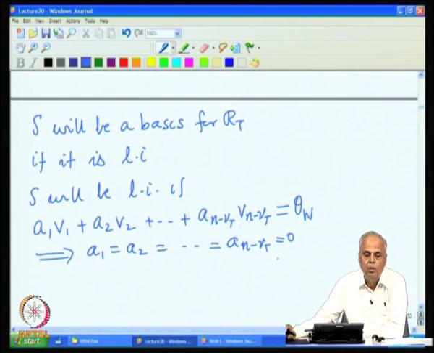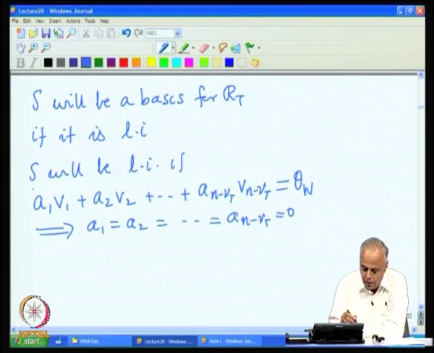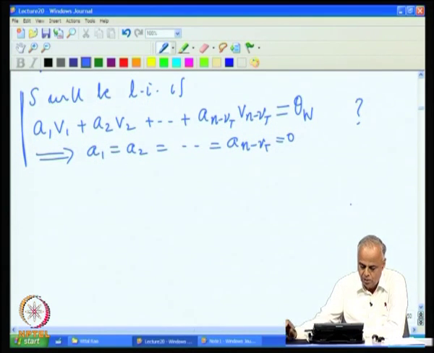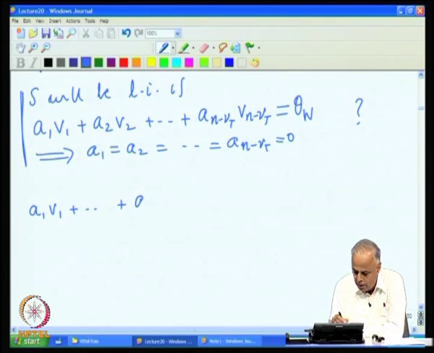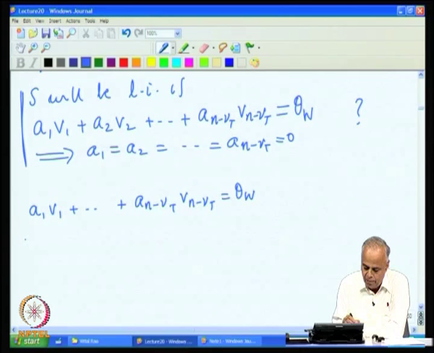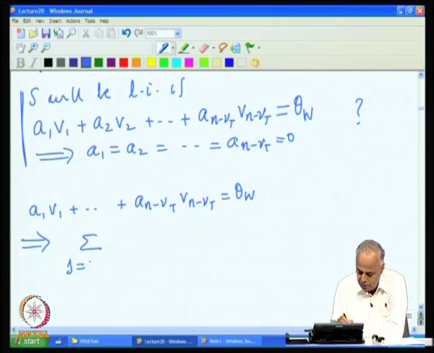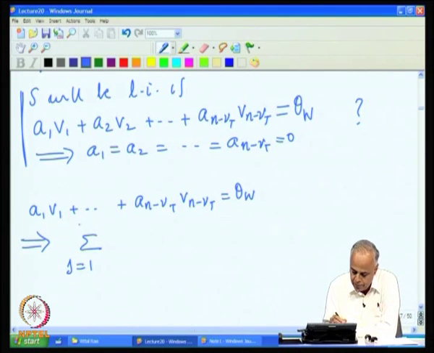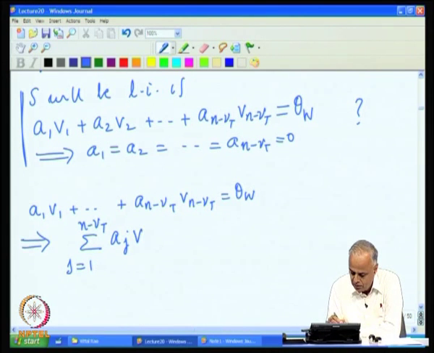If this is true, then S will be linearly independent. So, let us check whether this is true. Let us start with a 1 v 1 plus etcetera a n minus nu(T) v n minus nu(T) equal to theta W. To save our writing, we will use summation notation. This is summation j equal to 1 to n minus nu(T) a j v j equal to theta W.